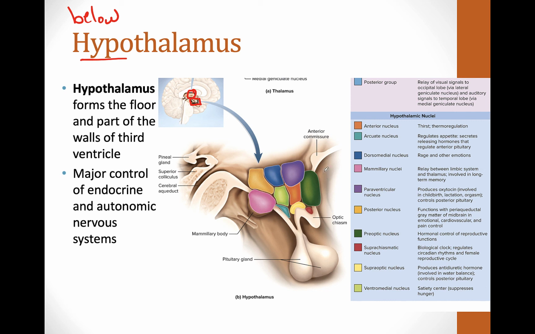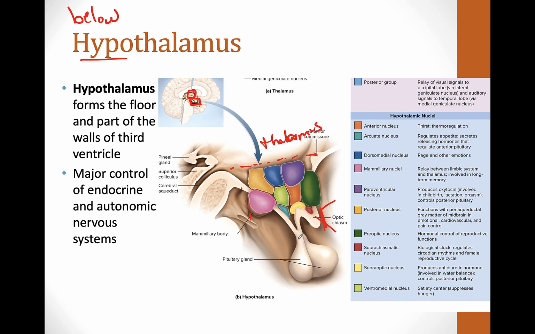So the anterior edge is over here at the optic chiasm. This is where the two optic nerves meet from the eyes. The posterior edge is over here by the mammillary body. The roof of this stops when we get to the thalamus up here. And then the bottom is down here.